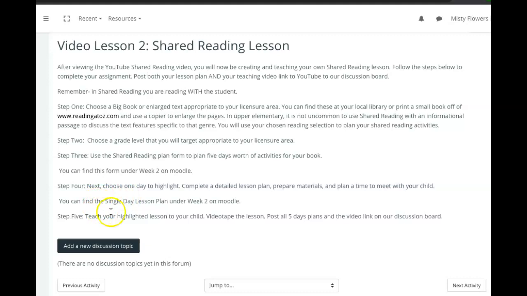You'll find the single day plan also under week 2. You need to teach your highlighted lesson, your single day plan, to the student that you're tutoring, videotape the lesson, and post all 5 days plans and the video link on our discussion board. So you're posting your 5 days worth of plans, your detailed plan, and your video.